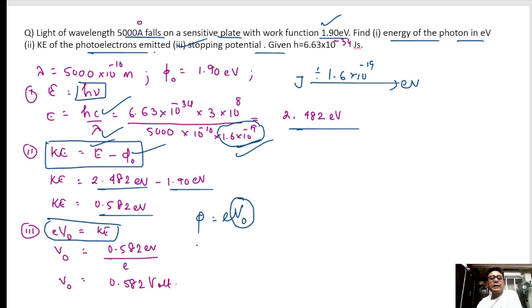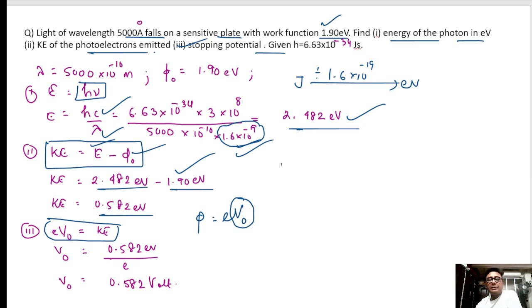They are telling to find the kinetic energy of the photoelectrons emitted and the stopping potential. Okay, so we know h nu, we know E, this is the incident energy, this is the work function.